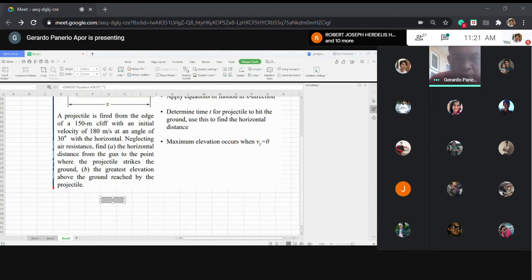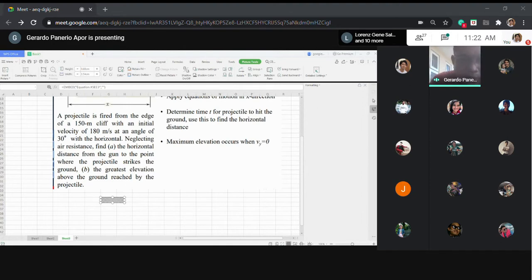And the other one is along Y direction. So along X, X sub 0, X sub 0 is equal to 0.